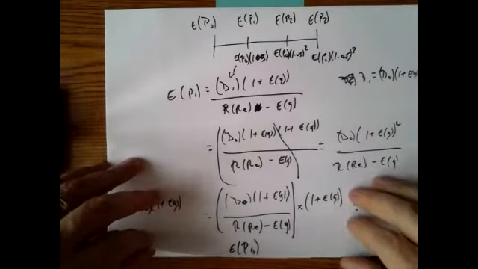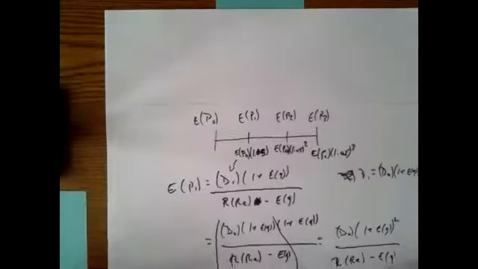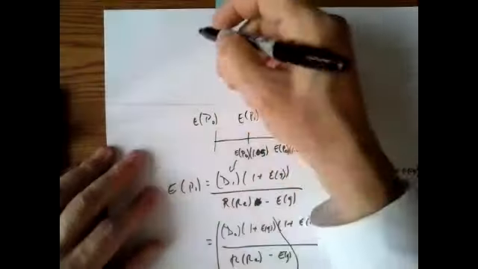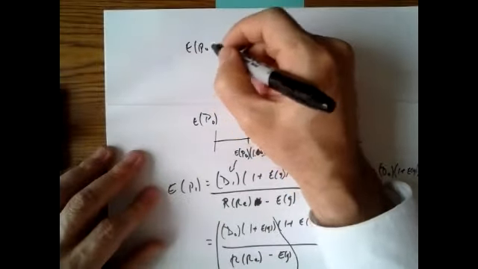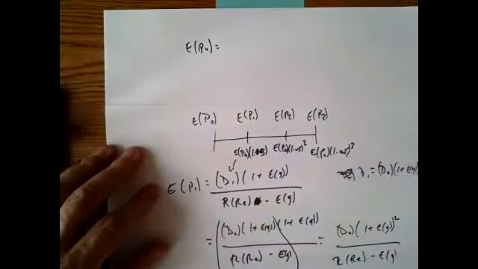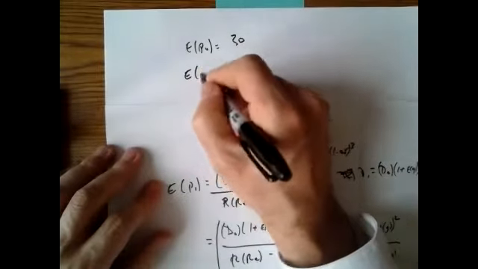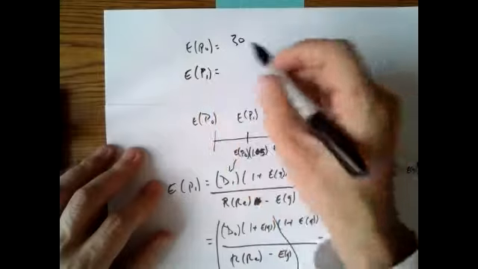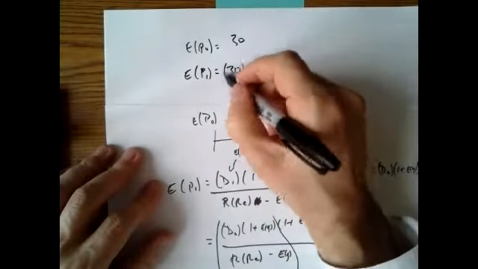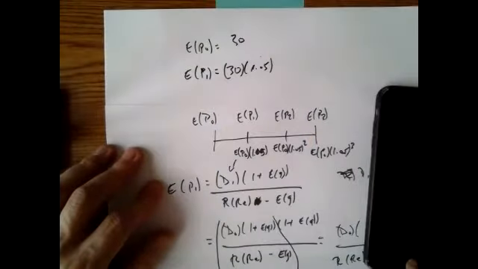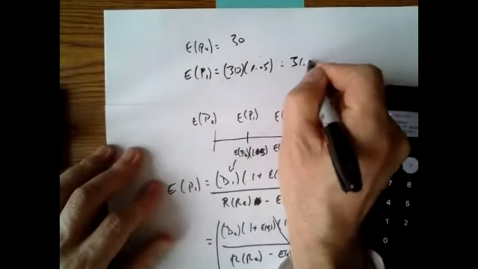If we want to actually get those numbers, EP0 is what we said, 30. EP1 is 30 times 1.05, which is 31.5.